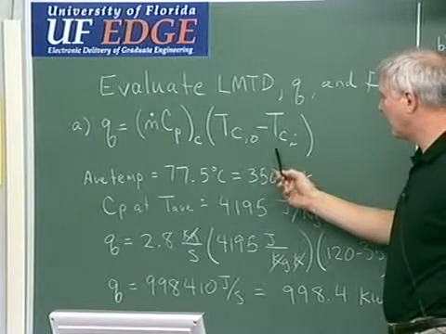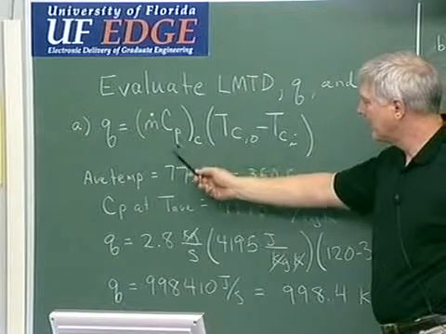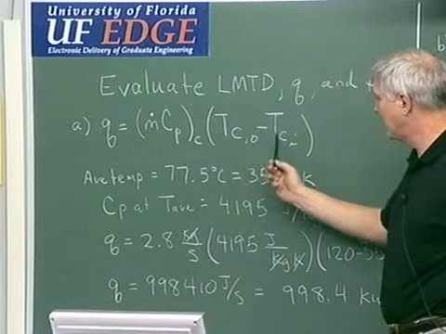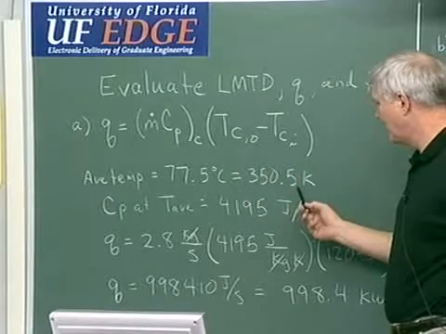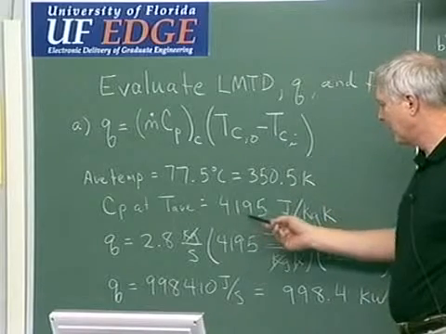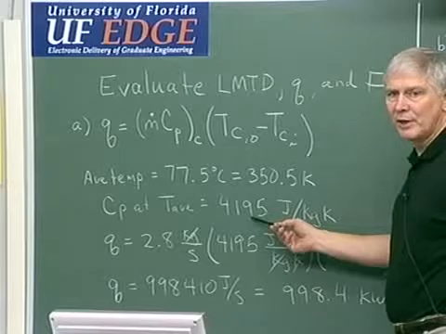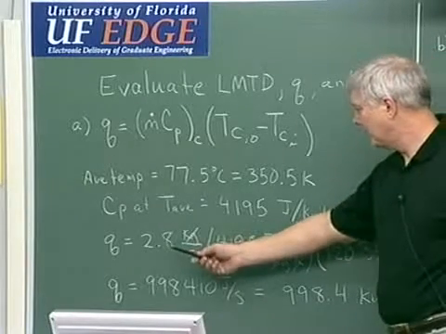I've chosen the cold flow here. We need to evaluate the specific heat. To do that, we choose the average temperature, which will be the average between T cold out and T cold in, and it's 350.5 K. So I look that up in the back of the book, and I get Cp is 4195 joules per kilogram K.